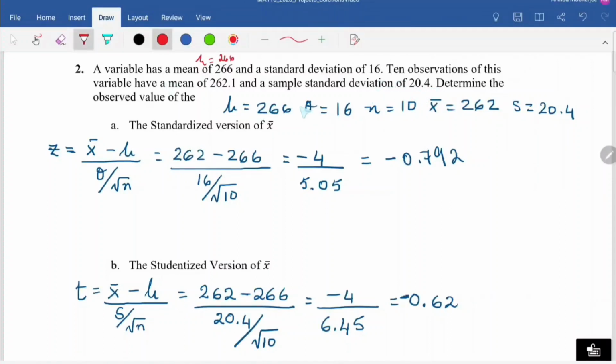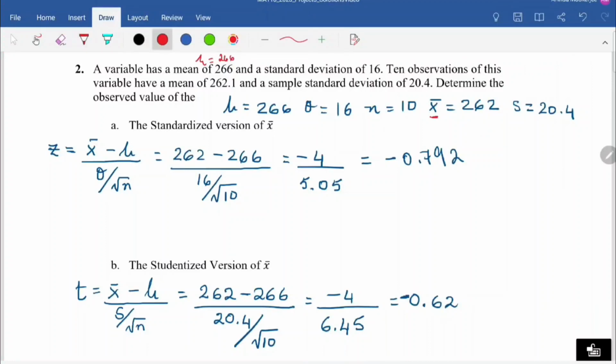So from the population, if we get a sample, then 10 observations of this particular variable have a sample mean. Whenever we are drawing a sample from the population and calculating its mean, that's the sample mean represented by X bar. So that's why I have X bar equals 262.